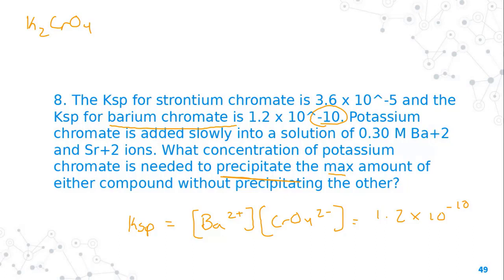But we know that we already have 0.30 molarity for the Ba2+. And so what we're looking for is what is our X value here. So can anyone tell me what that is?